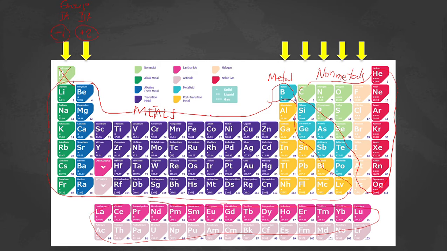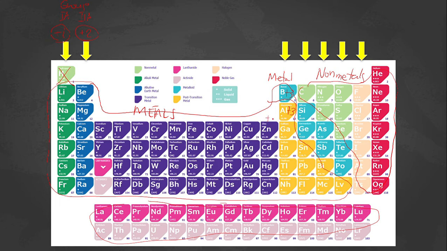May iba pang mga metals dito na may mga fixed oxidation number. Halimbawa, itong aluminum, it's always positive 3. Itong boron is actually a metalloid, pero may pagka-metallic pa rin ang property niya, kaya madalas din siyang nagagamit as an ionic compound. So this is positive 3 rin.